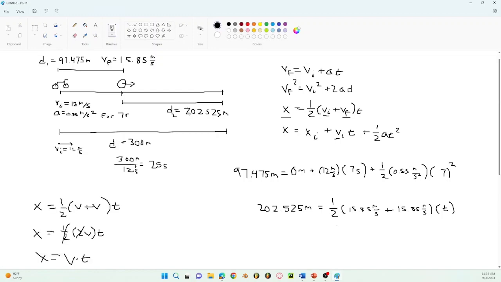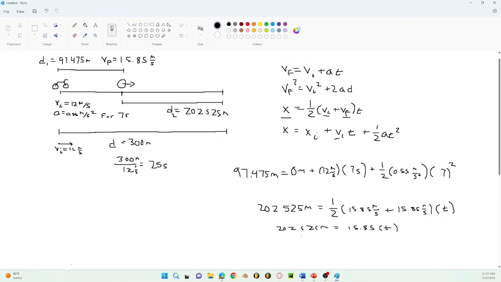What I would do is 1/2 of this plus this is just going to be 15.85, which is equal to 202.525 meters over time, and then divide both sides by 15.85, and t is going to then be equal to 12.77, or actually not repeating, seconds. That's the time it took.